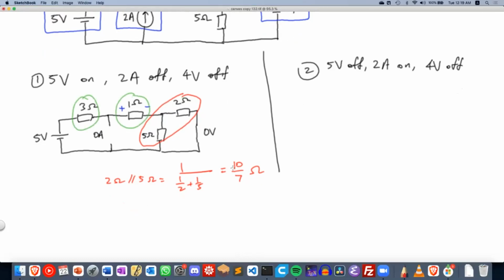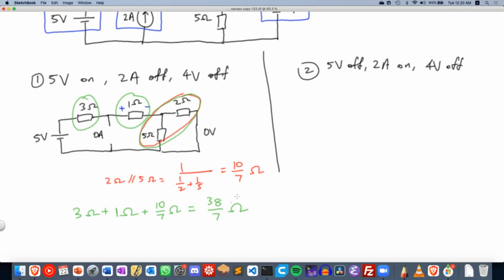Then we realize that the 3 ohm, the 1 ohm, and the 10 over 7 ohm are all in series, so we sum them up. 3 ohm plus 1 ohm plus 10 over 7 ohm equals 38 over 7 ohms.